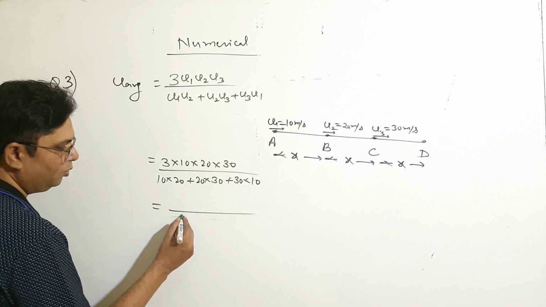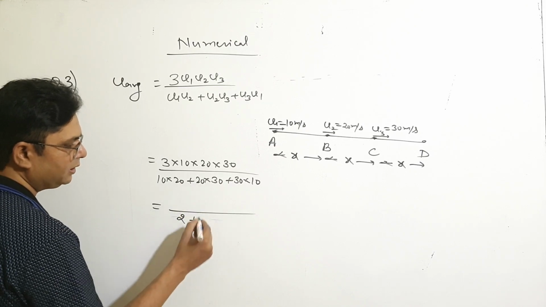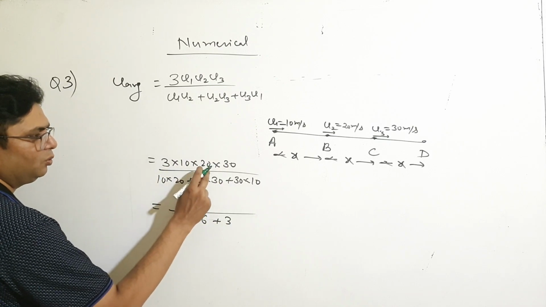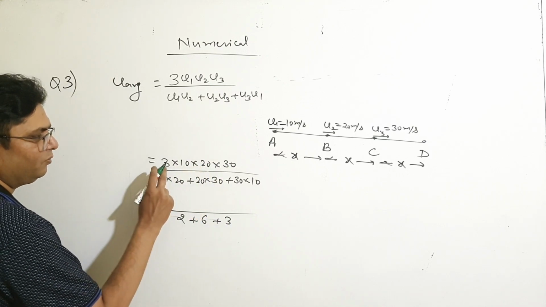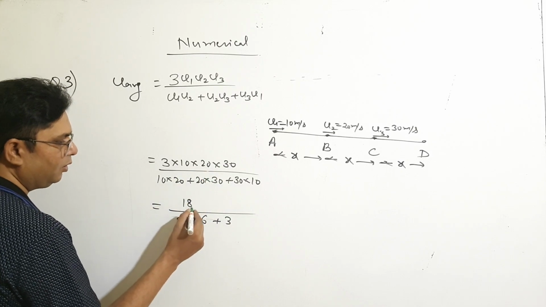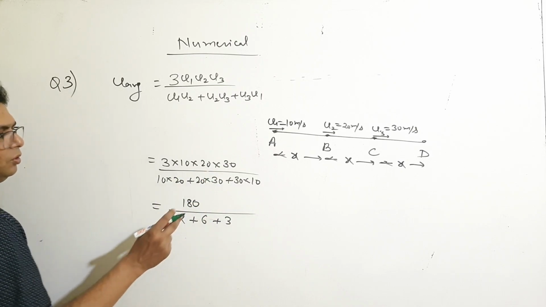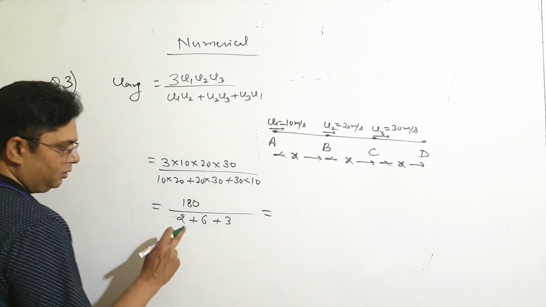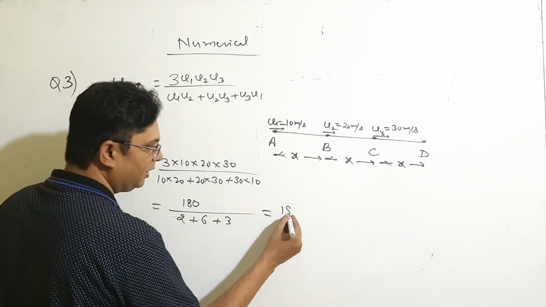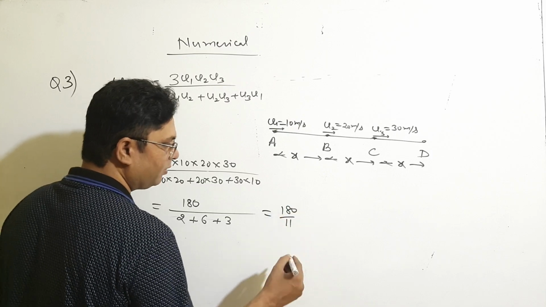So here you have 2 plus 2 into 3, 6, plus 3 into 1, 3. And on the numerator side these two zeros are cancelled. So you have 3 into 3, 9, 9 into 2, 18, and you have 1, 0. So in the denominator you have 6 plus 3, 9, plus 2, 11. So you have 180 upon 11.